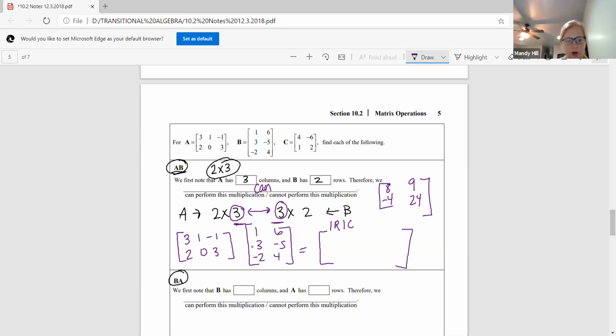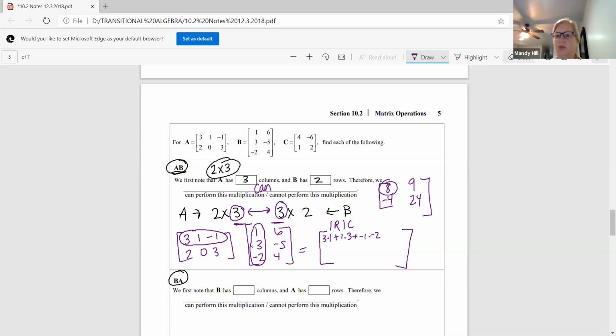So the first row would be this, and the first column would be this. Now hang with me because this is kind of complicated. So you do 3 times 1 plus 1 times 3. So I'm just going down. This -1 would go at the bottom. So plus -1 times -2. And you would find the answer to that, and when you do, you're going to get 8.